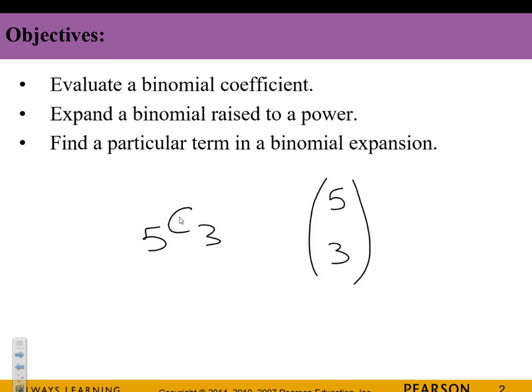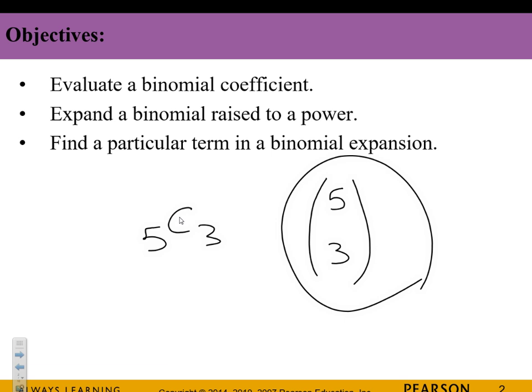Just an FYI, between you and I, they're the same thing. You do them the same way, but they're just written differently. In stats, this is how we do it. And when we're doing probabilities, combinations, or counting principle type stuff, we usually do it this way, 5C3. But this right here, my friends, is the binomial coefficient.